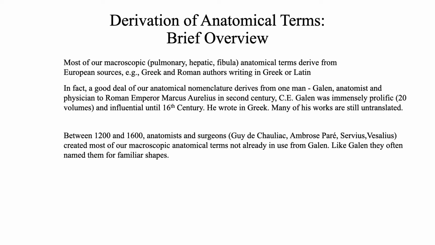Beginning in 1200, roughly, anatomists and surgeons began doing dissections on humans, as opposed to Galen, who based a lot of his findings on the Barbary ape, which he dissected.